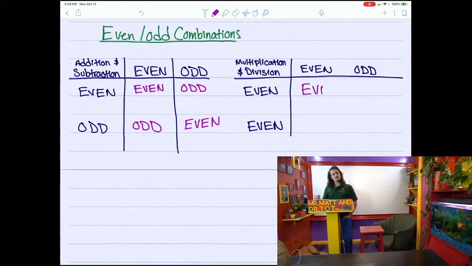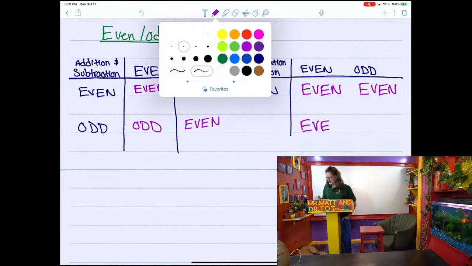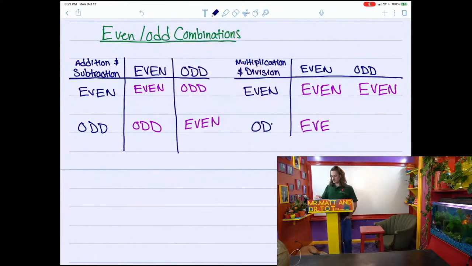An even times an odd will still give us an even. An even times an even will give us an even. Oops, excuse me. I'm sorry, I messed that up. This should be odd. An odd times an even will give us an even, but an odd times an odd will result in an odd number.